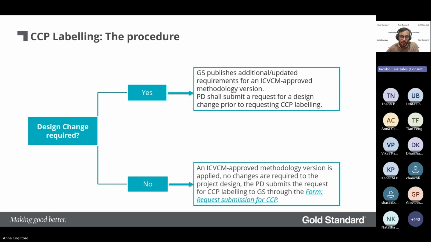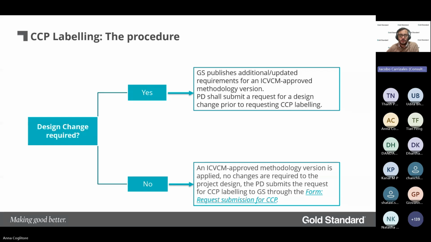In case it is, there is a series of requirements, and any additional requirement coming from Gold Standard and ICVCM in terms of the approved methodology published. Of course, projects have to fulfill these requirements, and the procedure goes through the design change request before any kind of CCP labeling.